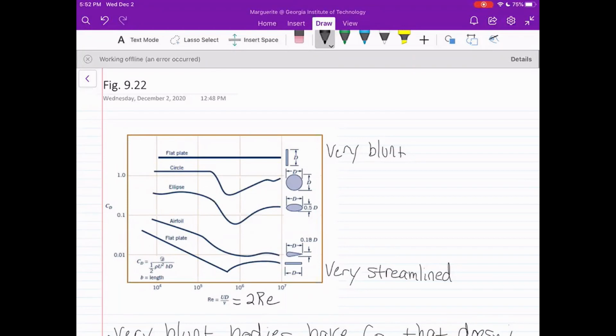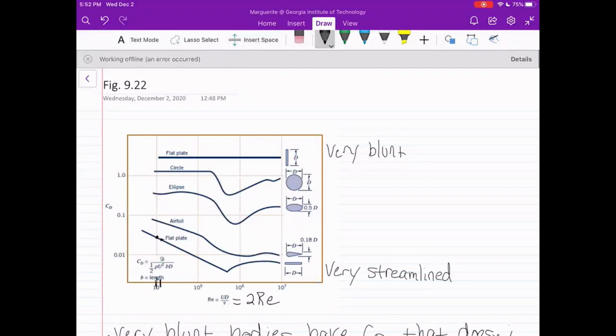We don't know what that is, but let's say for instance 1 times 10 to the 4th is our original. If we double that, it's 2 times 10 to the 4th, which is right here on this x-axis. It's a little bit of a change, but you can see the scale is 0.01 to 0.1. It's really not very significant. So the answer is that it doesn't significantly change.